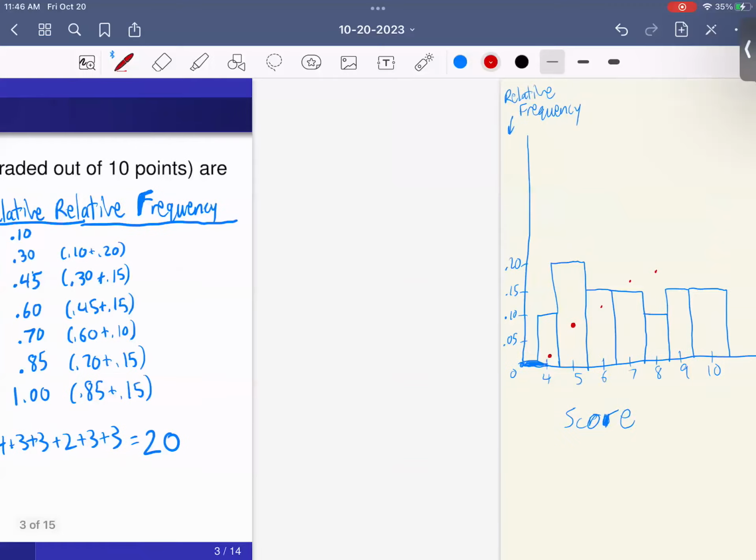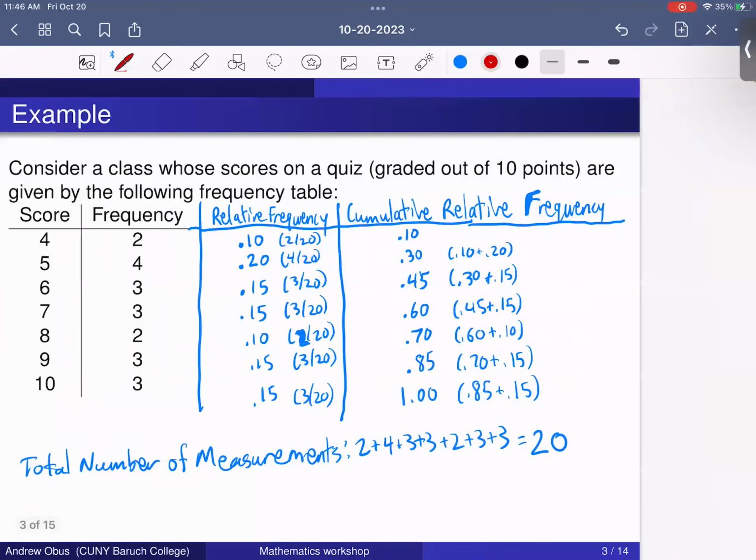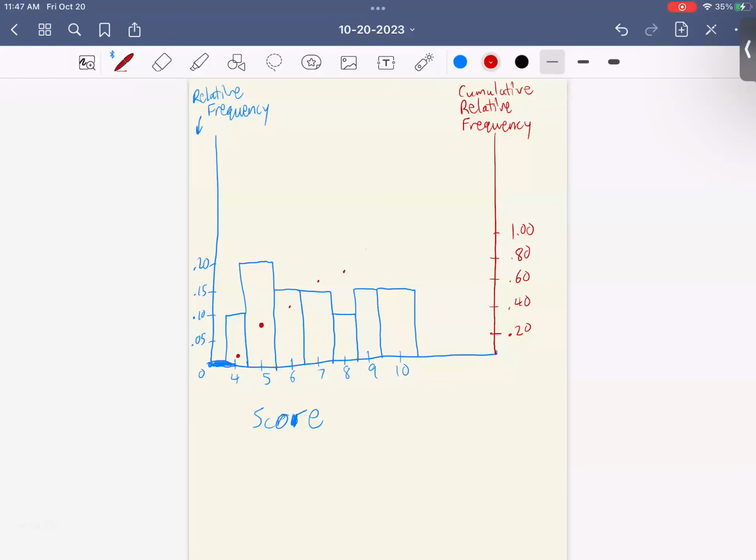And then we have what? 0.85 and 1.00. So 0.85 looks like it's going to be maybe up here, and then 1.00 is up here. And so we have all of these markings. And then what we do is we draw a straight line in between each of these. And connecting those straight lines, that is our cumulative relative frequency plot.